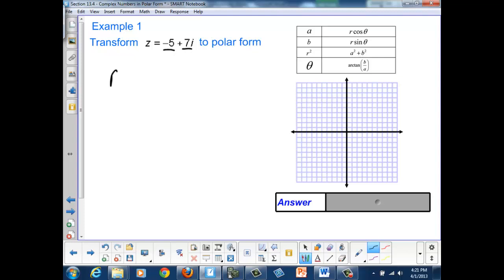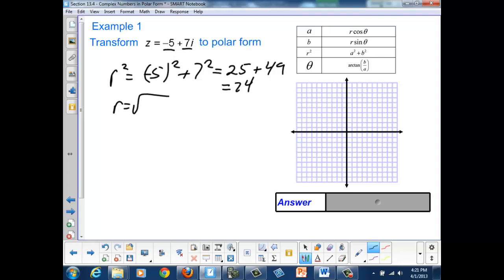So r squared is going to be negative 5 squared plus 7 squared, which turns out to be 25 plus 49, or 74. So r equals the square root of 74. r is always going to be a positive value for these purposes.